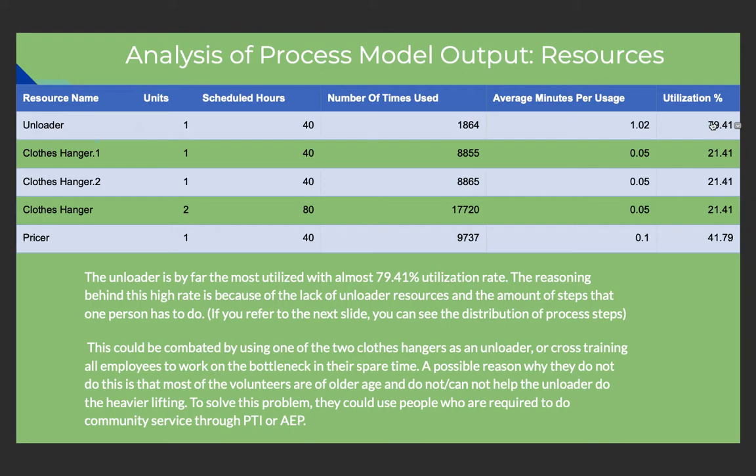That means the person or machine doing that process is working during the entire process and doesn't have a lot of downtime. So the unloader is very highly utilized, but the clothes hanger individuals are at only 21.41%.